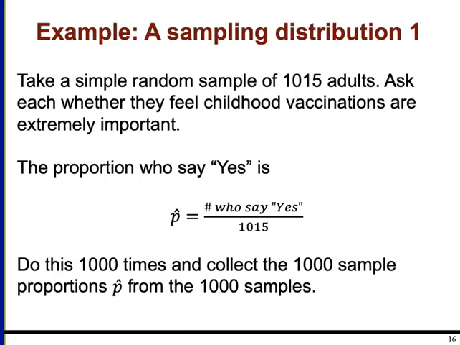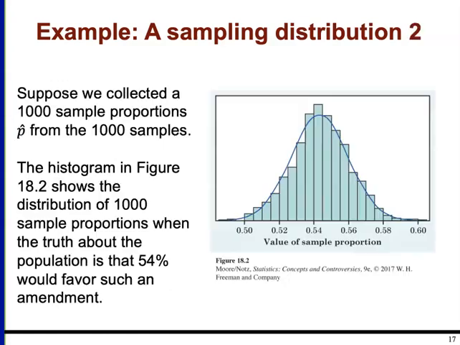So let's take a simple random sample of 1,015 adults, and then we're going to ask them whether they feel childhood vaccinations are extremely important. So we can find the proportion who say yes here by counting how many of those 1,015 people say yes. Let's say, for example, we did 1,000 samples just like this. We would expect a distribution to come out looking relatively normal.